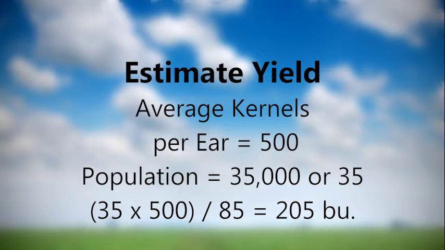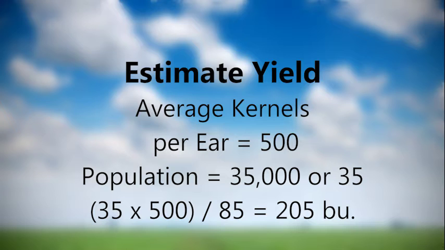Then you can take that 500 kernels times our 35. You don't use 35,000, you only use 35. And you'll have a number then that you can divide by a fudge factor of 0.85 or by 75, and you'll get an estimated yield on this, and it should come out really close. And the reason that you change the numbers a little bit is because the kernels themselves will change in weight.